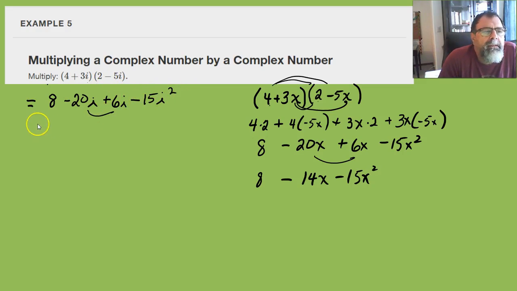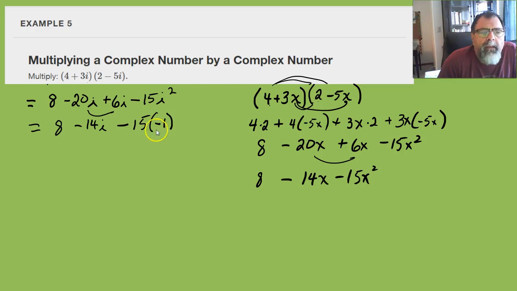We're going to combine these like terms, negative 14i, but we got to remember that i squared is not like a variable. i squared is defined: i is the imaginary unit, the square root of negative 1. i squared is negative 1. So you got to remember that.